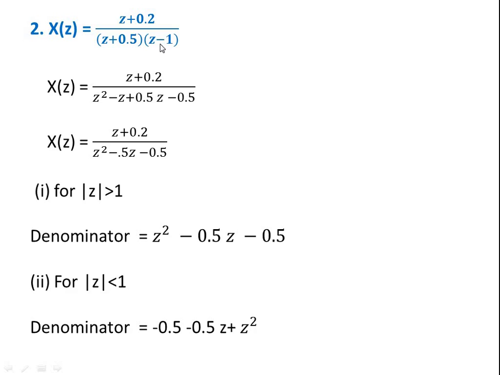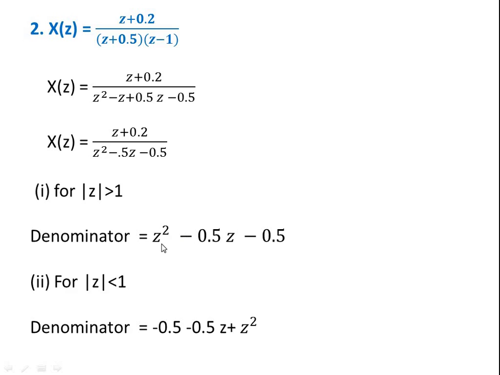Now we can simplify this denominator, and we will get z squared minus 0.5 z minus 0.5. Suppose the region of convergence is modulus of z greater than 1. It means for a causal sequence we can write this denominator as such. We start from the highest order of z and end up with the constant.